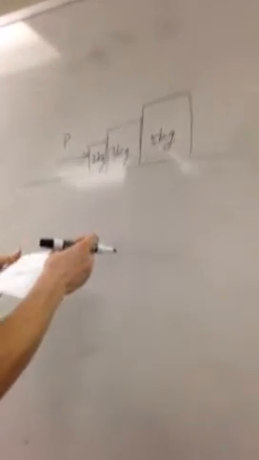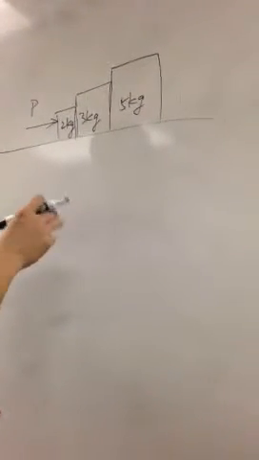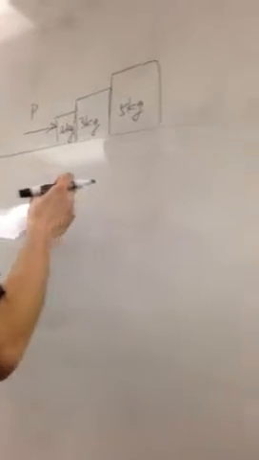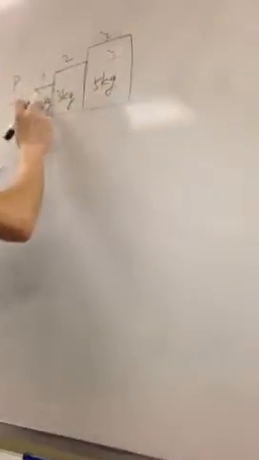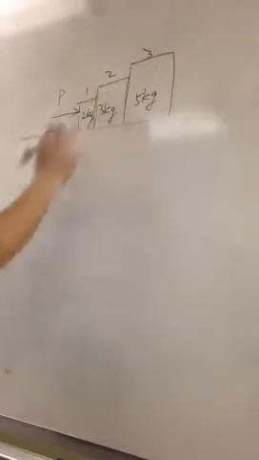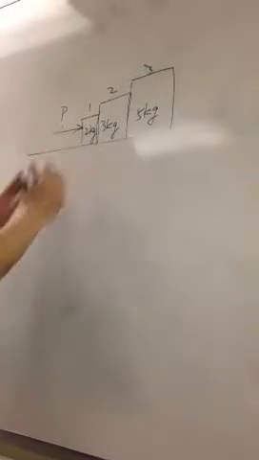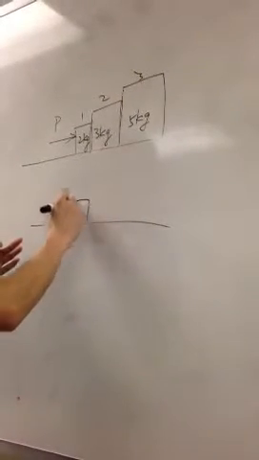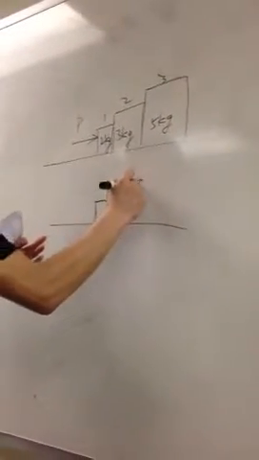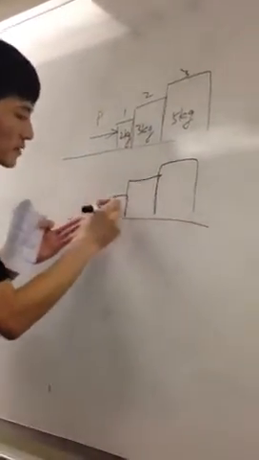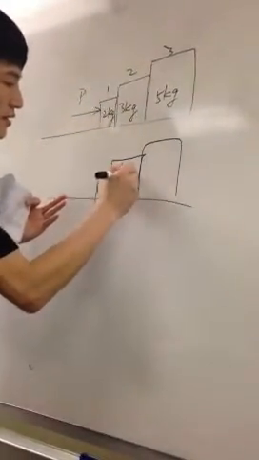The question is asking you the magnitude of the force exerted on block 1 by block 2. Here we can isolate number 1. Here is number 2, number 3. For number 1, it has the force here, right?